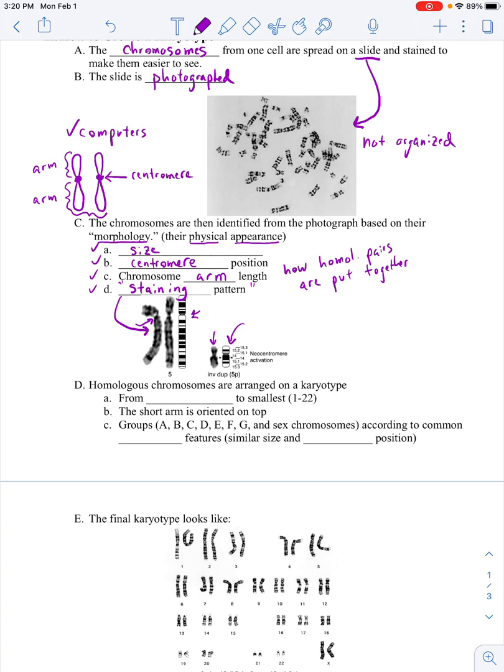You would learn about that if you ever took a higher level genetics class. But this was chromosome 5. And you can see the staining patterns here in the cartoon, the dark and the light regions.